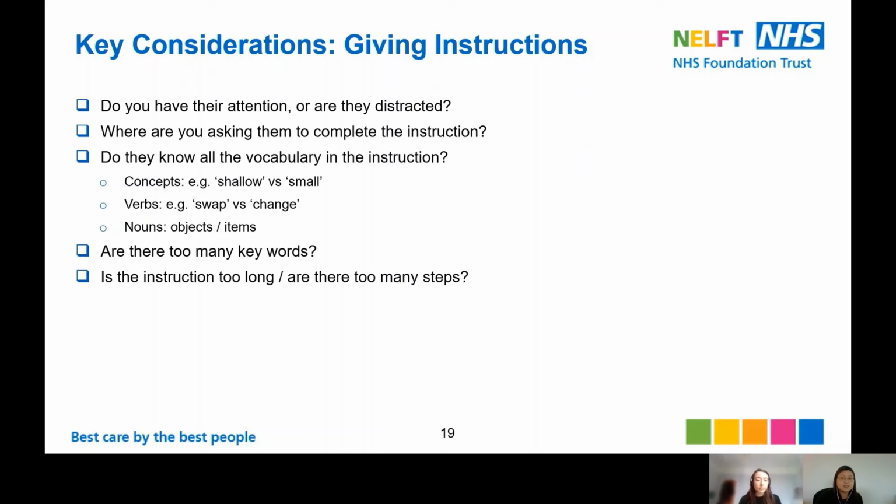If there's an alternative object to what you have asked for, this increases the word level. For example, if you ask for a big red bag and there's a small red bag or a big blue bag or small green bag, and so on and so forth, available around them, that has increased the difficulty of the instruction that's given.